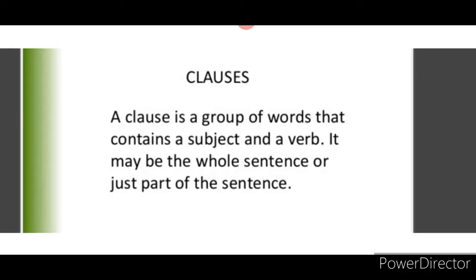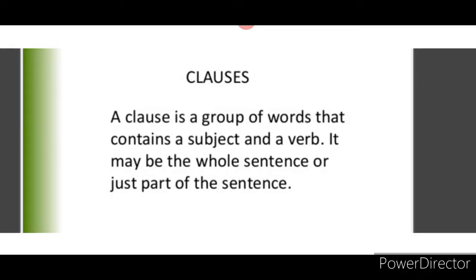A clause is a group of words that contains a subject and a verb. It may be the whole sentence or just part of a sentence. Actually, children, what is a clause? A clause is a group of words that has both subject and verb. Now tell me what is subject.